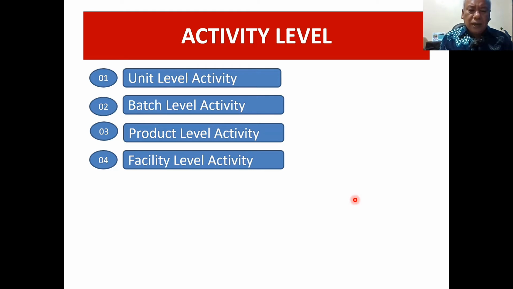Or for example, cutting, using a machine, so the machine hour is the unit driver. For example, to produce 1 unit, we need 2 machine hours. So if you produce 1,000 units, it takes 2,000 machine hours. Actually, cutting activity is a unit level activity.